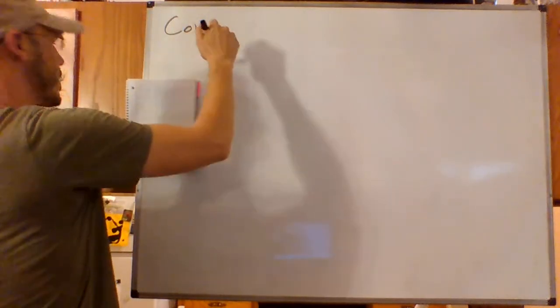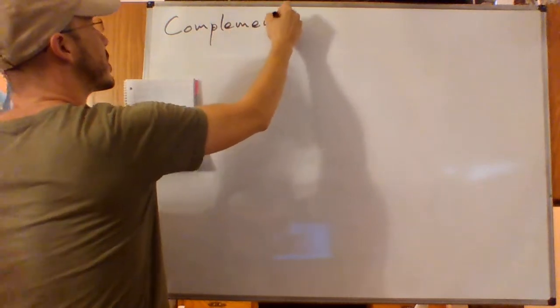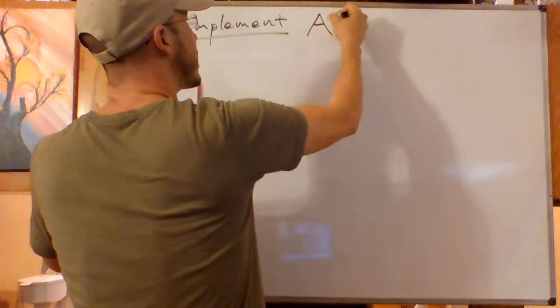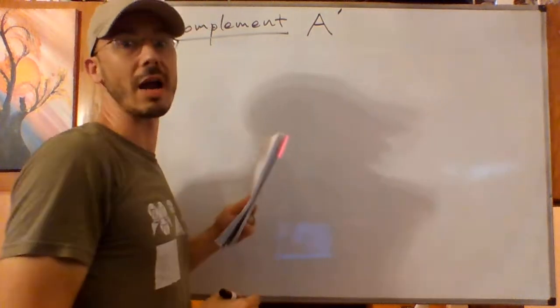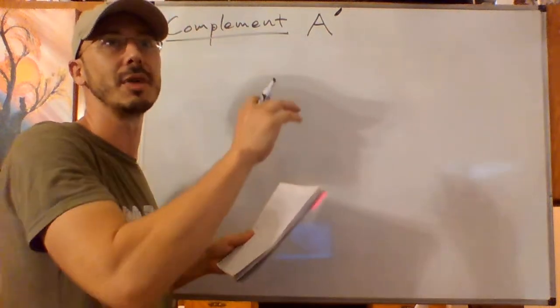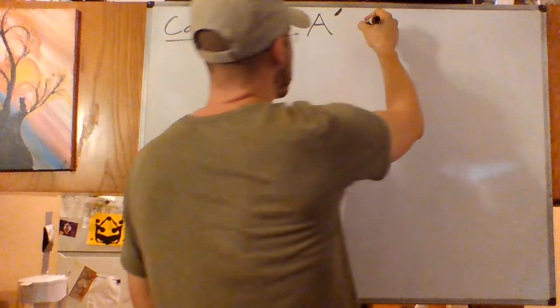Next, we're going to look at the complement. A prime is how it's pronounced. It's like an apostrophe up at the right. It's called a prime, but it looks like an apostrophe.